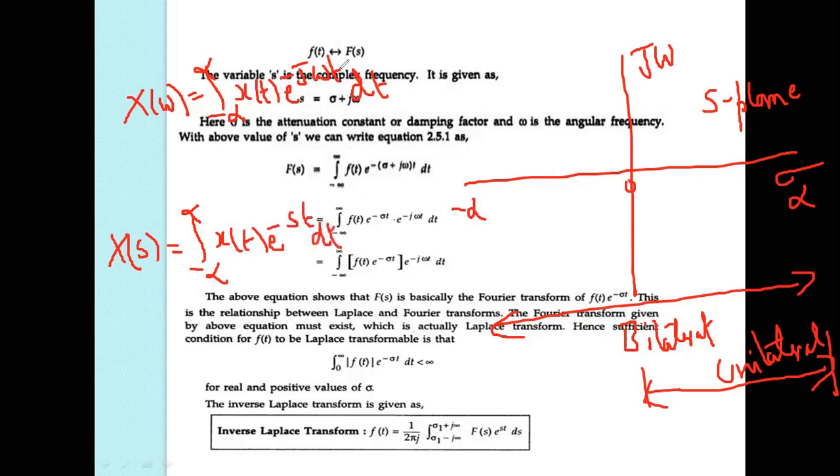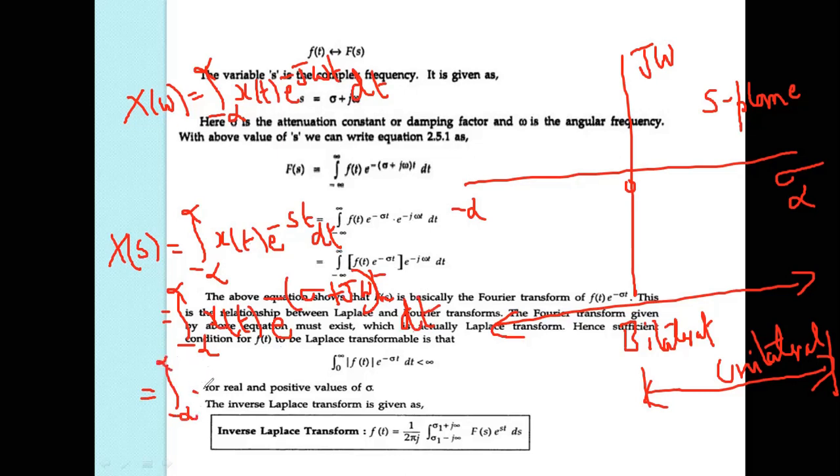So what is the s here? For Fourier it is j omega only. But since s is in the s-plane with a real term and an imaginary term, you can substitute here e power minus sigma plus j omega into t. I substituted s is equal to sigma plus j omega.